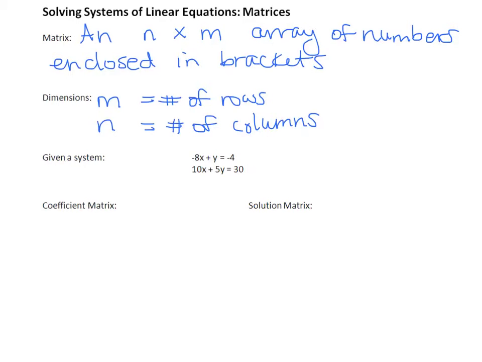So if you have a system of equations, such as the one you see here, the first thing you want to do is create a matrix of the coefficients. Now, if you recall, the word coefficient means the number before a variable.